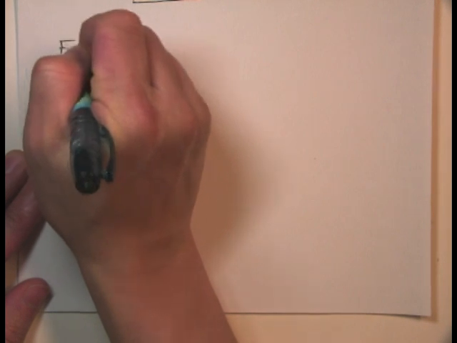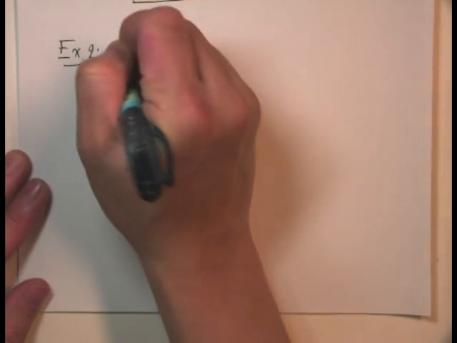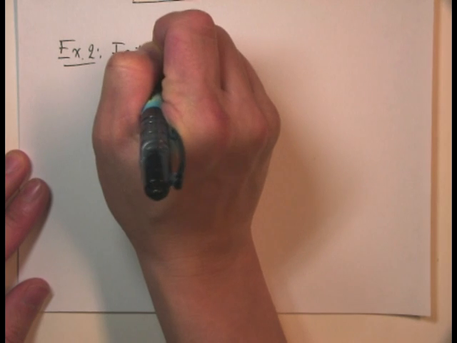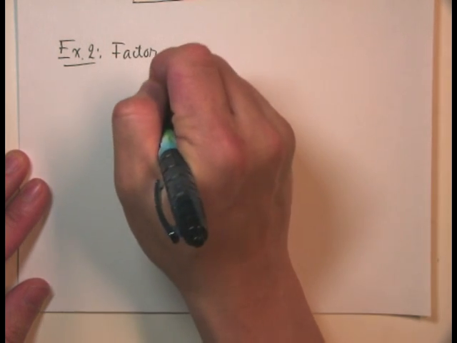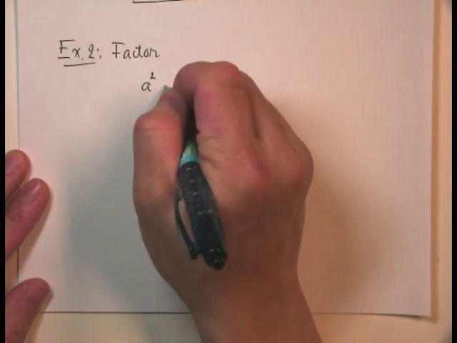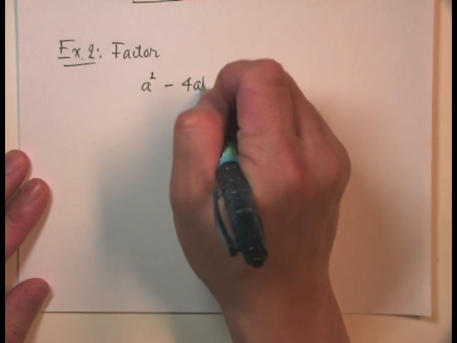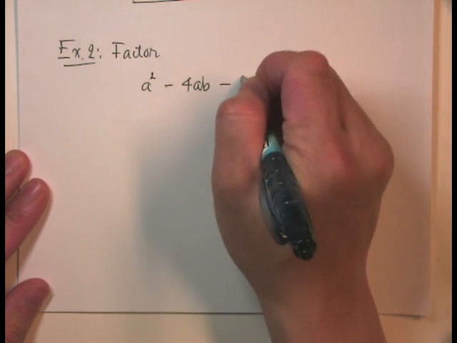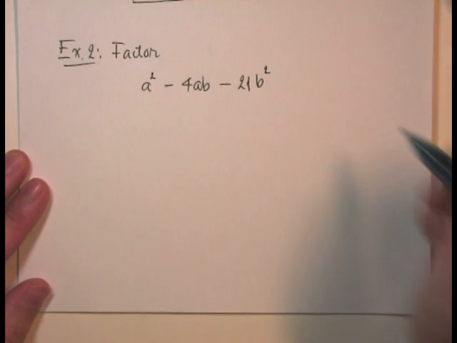Another example. Example 2, we are factoring a squared minus 4ab minus 21b squared.